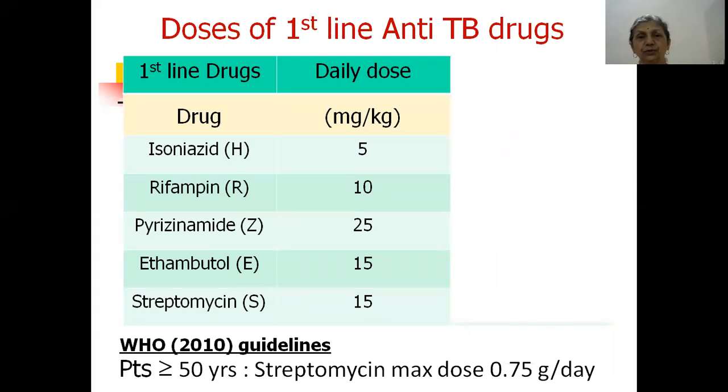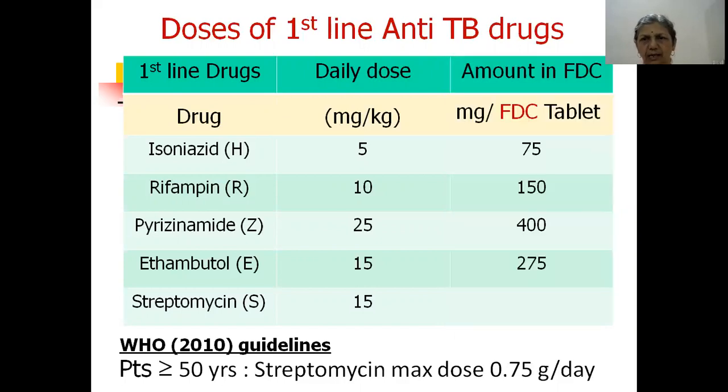Because it is important to ensure that all these 4 drugs or 3 drugs, according to the phase of the treatment, should be administered to the patient, and to make it easy for administration, we now have fixed dose combination tablets of all these drugs. So in the initial intensive phase for newly diagnosed patient, we need 4 drugs: INH, rifampicin, pyrazinamide, and ethambutol, as we'll be studying later.